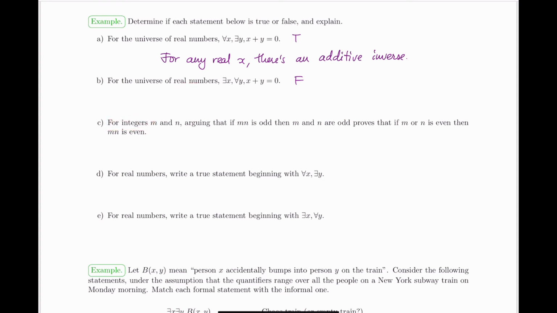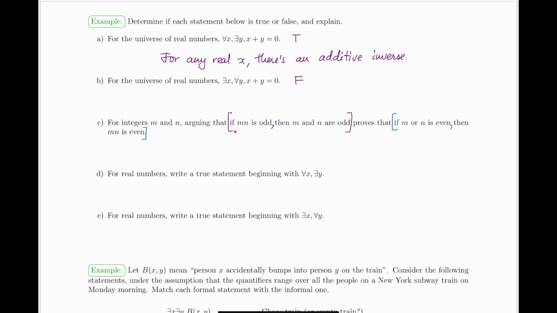And it's saying that arguing for something proves something else. So what I actually have are two different arguments. I have this argument, if mn is odd, then m and n are odd. And I have a second argument that says if m or n is even, then mn is even.